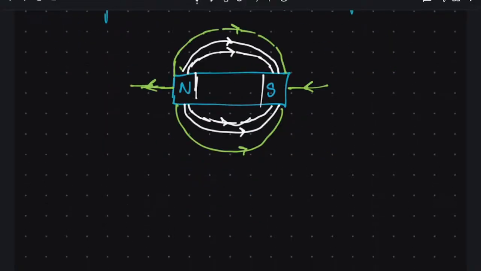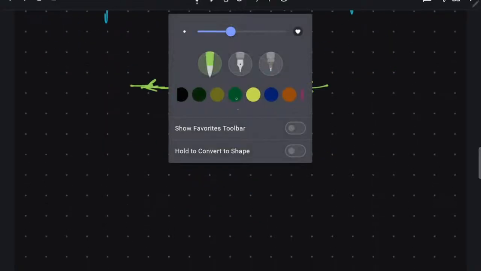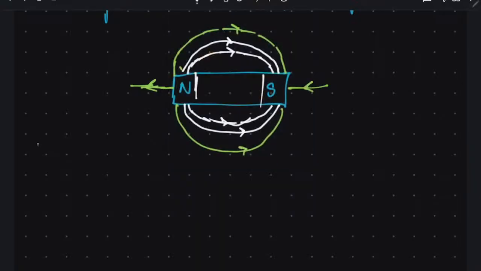So, let's just write some words here that I need. How do field lines show strength?